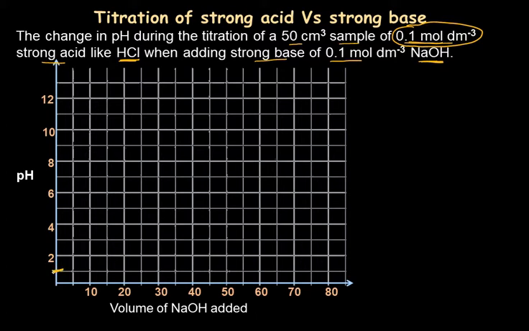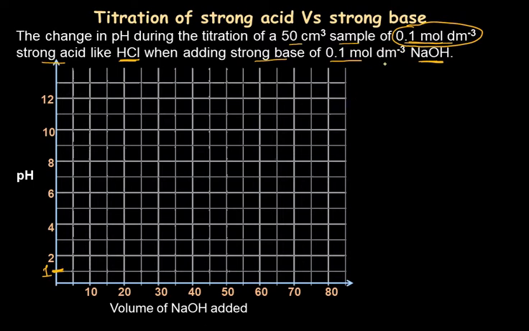So here our curve will start at pH 1. If you want to check the calculations of the pH of strong acids, weak acids, strong bases and weak bases, you can check our earlier video on the calculations of pH, pOH and pKw.